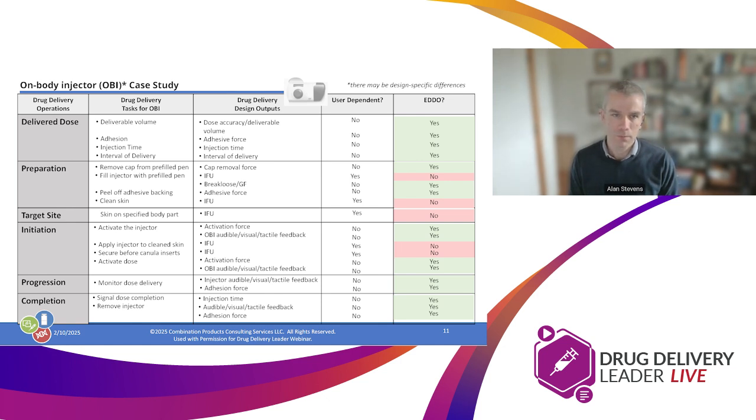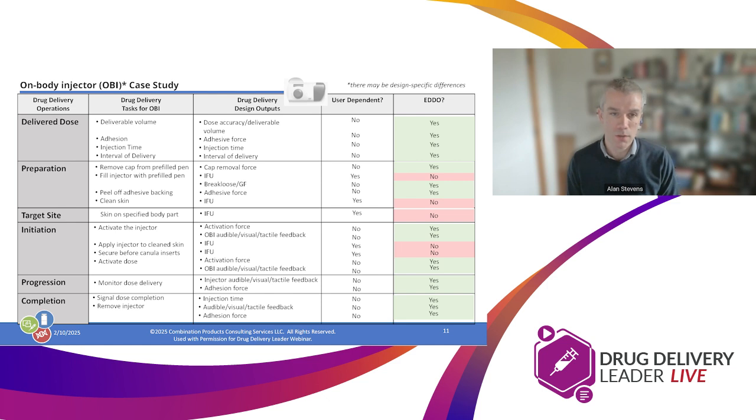For preparation, we have steps or tasks associated with removing caps, potentially filling the OBI, either with a syringe or a pen, peeling the adhesive backing, and cleaning and preparing the site that's going to be injected. The related outputs could include cap removal force.